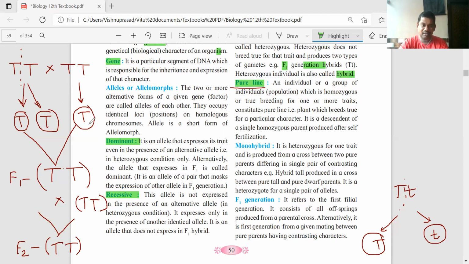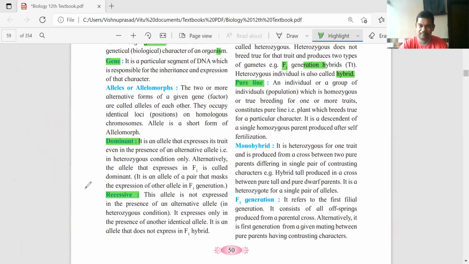If even one individual comes in between which has a recessive trait or a heterozygous condition, then it doesn't remain a pure line. That's how you have to understand it. Then there is something called monohybrid. We have already seen the meaning of the word hybrid, a heterozygous condition.